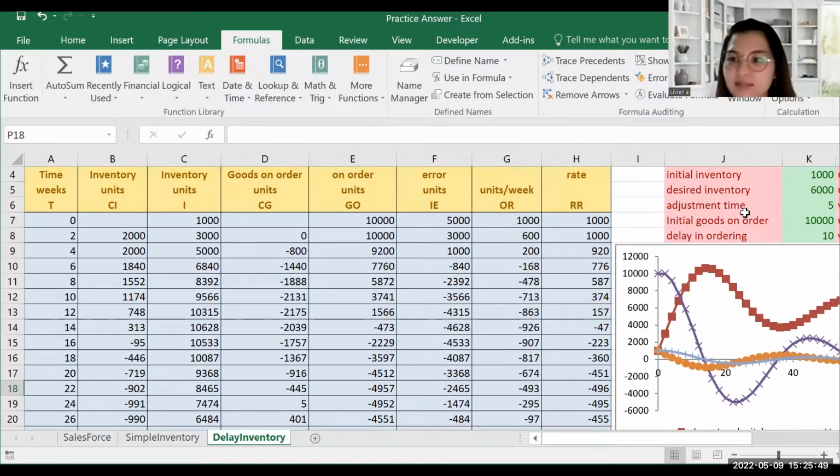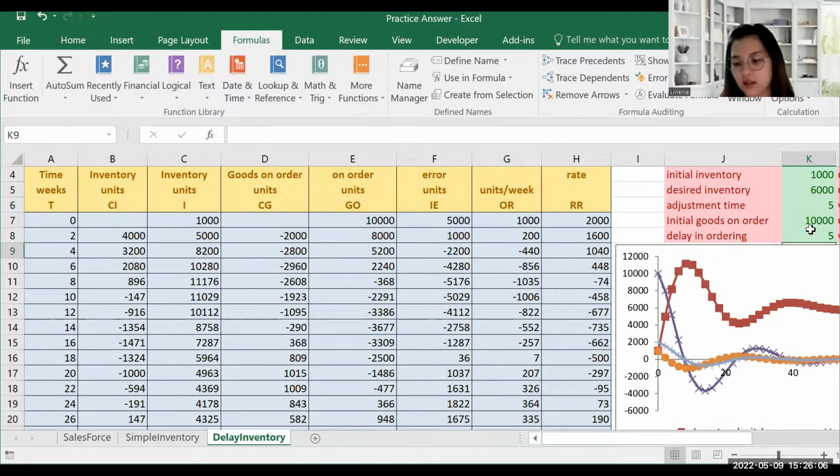Then you can start to change the parameter here, so that the fluctuation reduces. You can play with these numbers. For example, this is 5. See, the fluctuation.